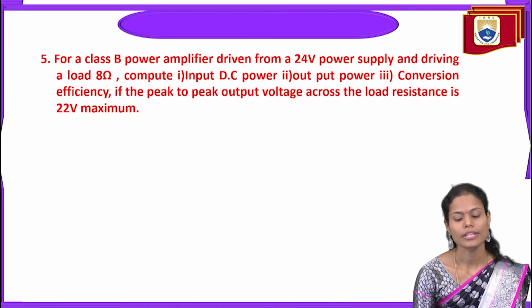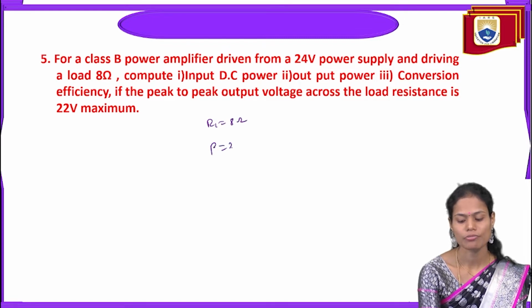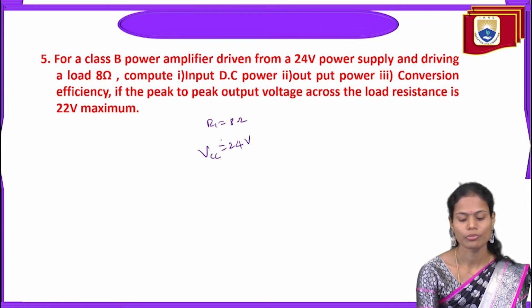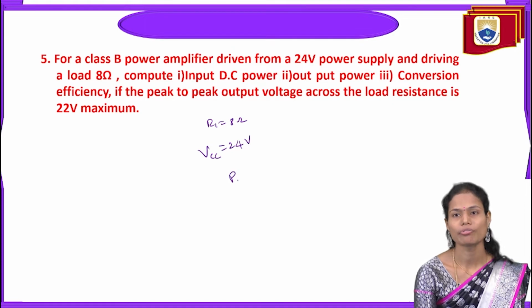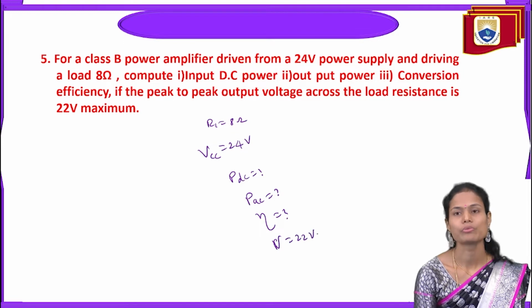And next one is, for a Class B power amplifier driven from a 24 volts power supply and driving a load of 8 ohms. The supply is given as 24 volts, that is VCC is 24 volts, and here we need to find the PDC power and the AC output power as well as efficiency if the voltage across the load resistance is 22 volts maximum.